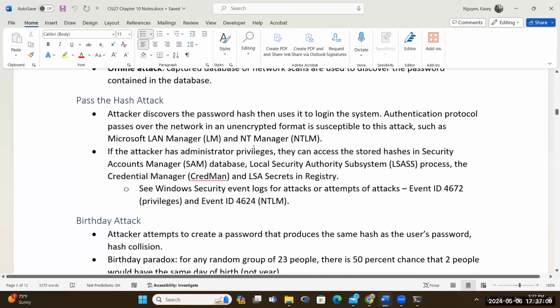Pass the hash is a very common technique where instead of cracking the password, they can just capture the hash that you use to store the encrypted password. Cain and Abel is really great for doing this along with other password cracking tools.